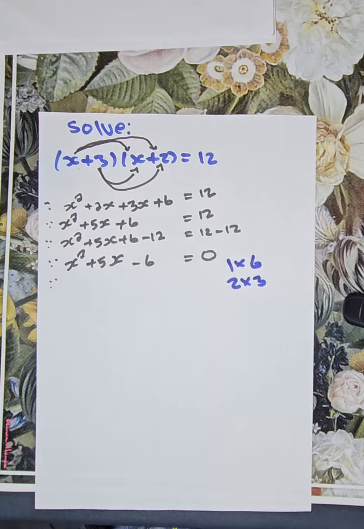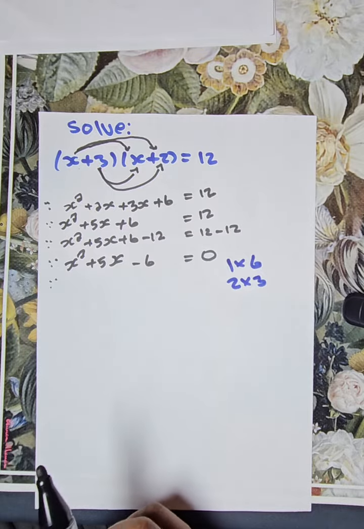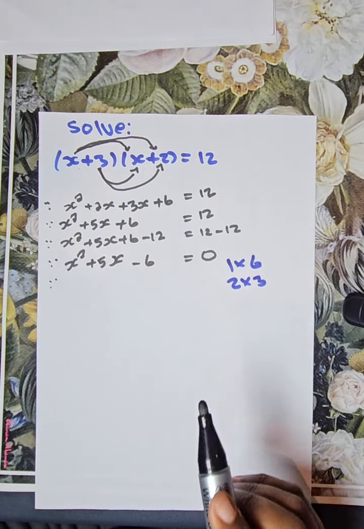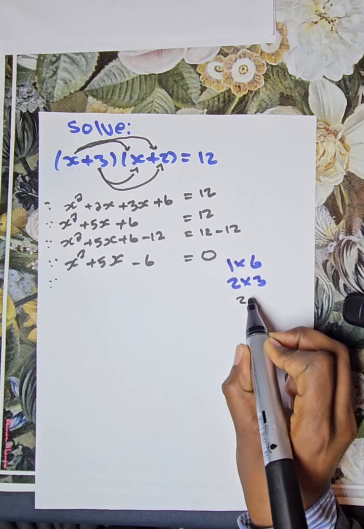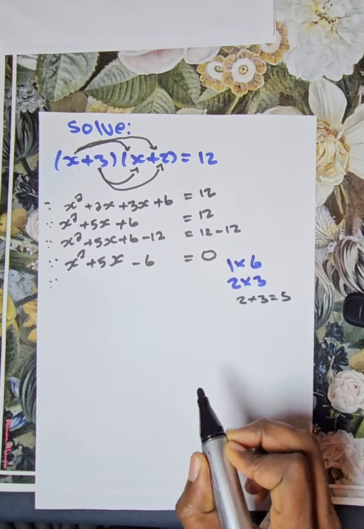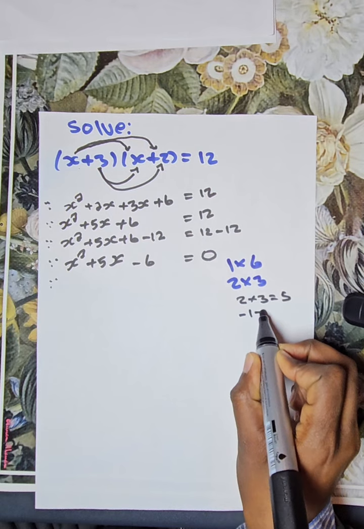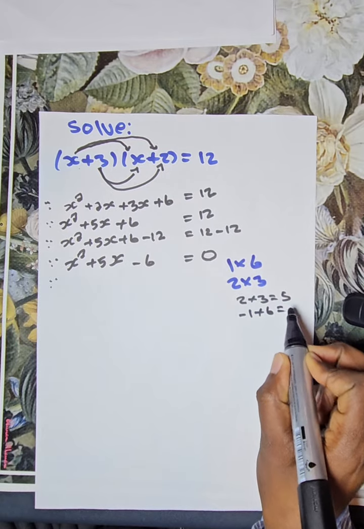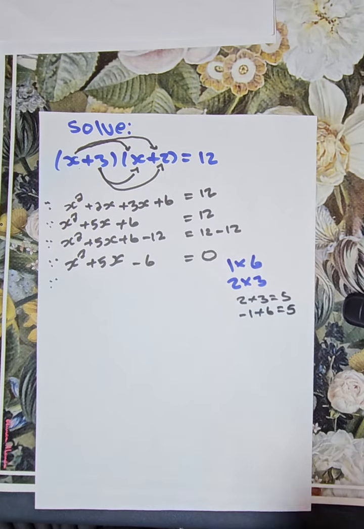Now we have to find a factor pair that will give us plus 5. Okay, 2 plus 3 will give 5. Negative 1 plus 6 will give us 5. So there are many ways that we can find the plus 5.